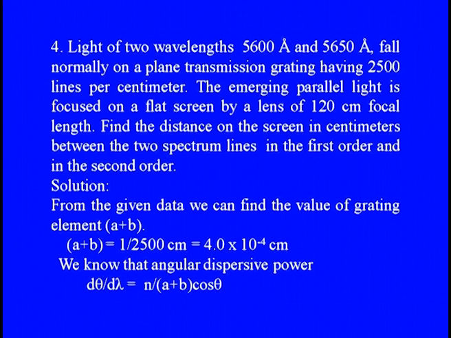In this problem, first we have to find out the grating element A plus B, which will be equal to 1 upon 2500 centimeter, which is 4.0 into 10 to the power minus 4 centimeter. We know that angular dispersive power d theta upon d lambda is equal to n divided by (A plus B) cos theta.